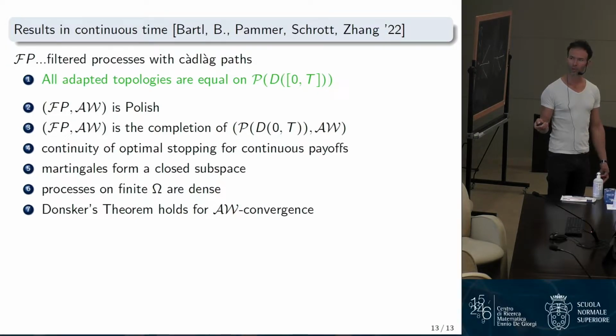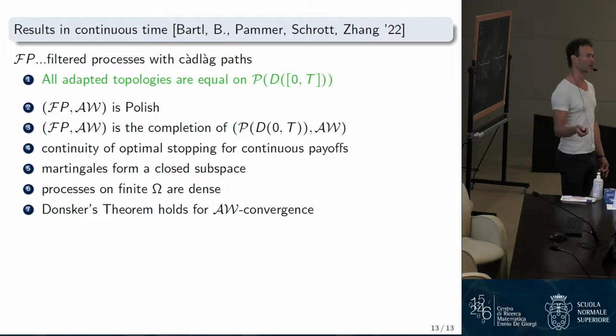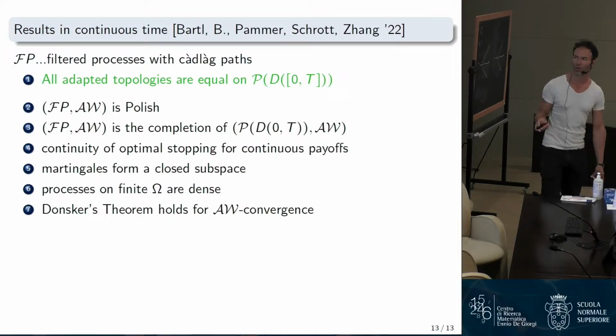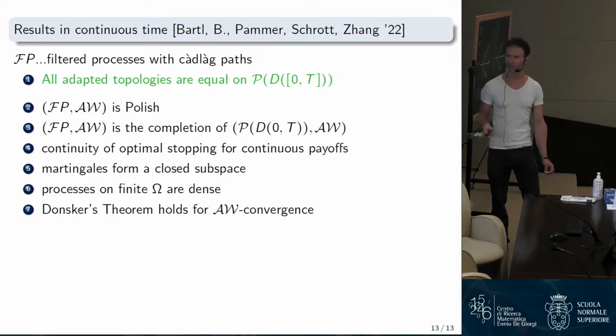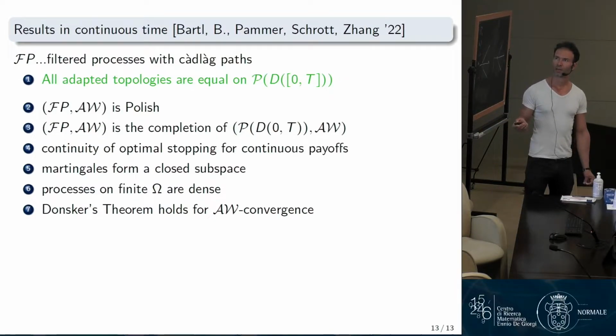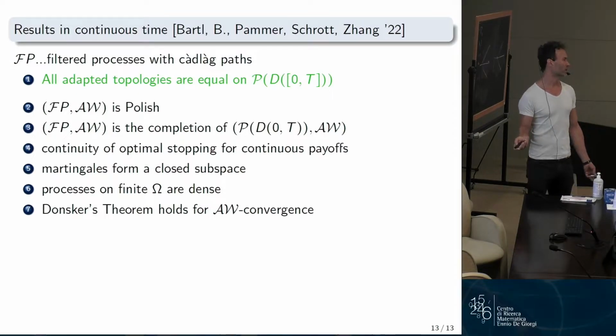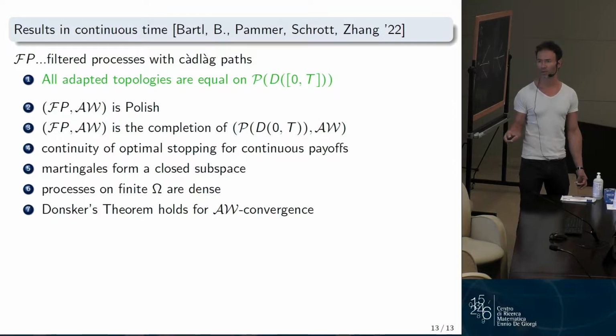A classic theorem in probability is Donsker's theorem about approximation of Brownian motion with random walk. It's also true with respect to this stronger adapted Wasserstein distance. Most but not all of the things we have in discrete time are equally true in continuous time.